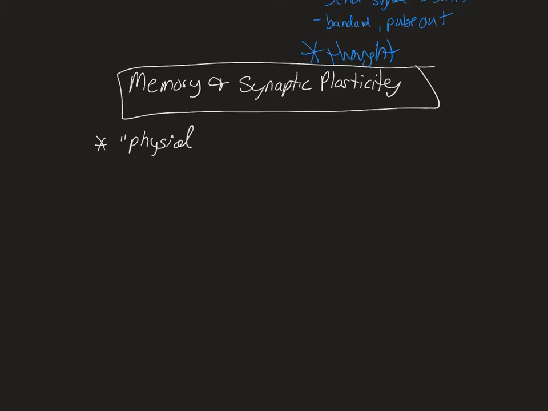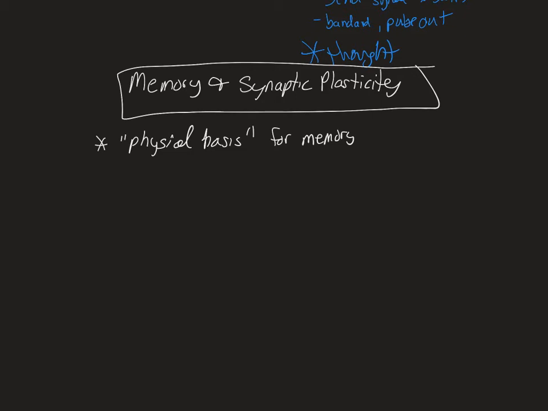Okay, so the way we think about it, you have this physical basis for memory, okay? So what you want to think about is how do we track or find the memory in the brain? Is it real? Is it like a figment? Is it about communications? What is it?